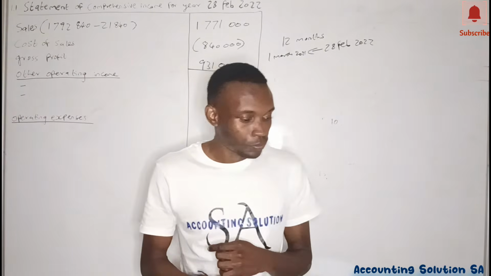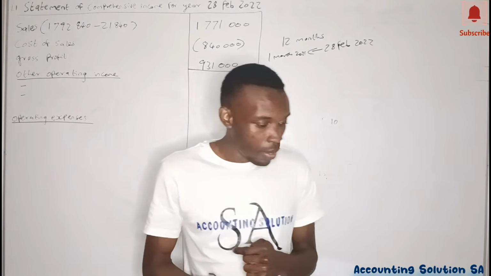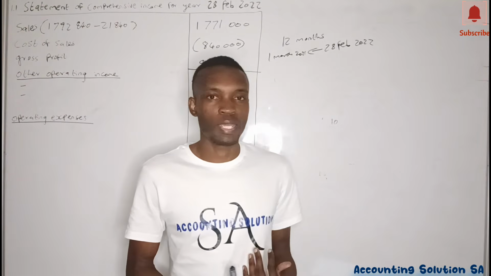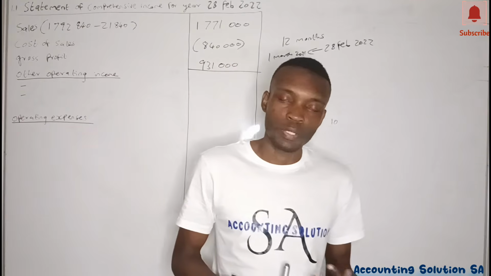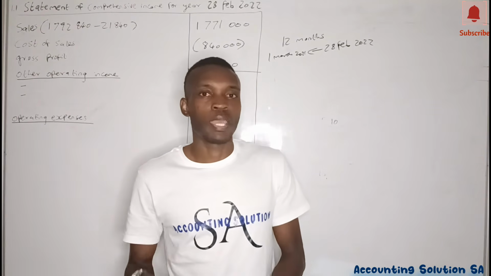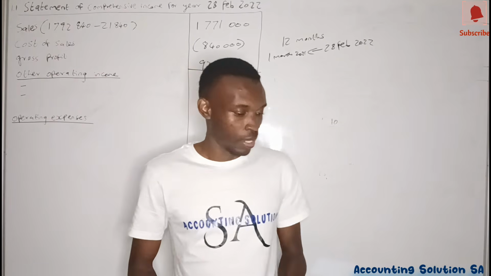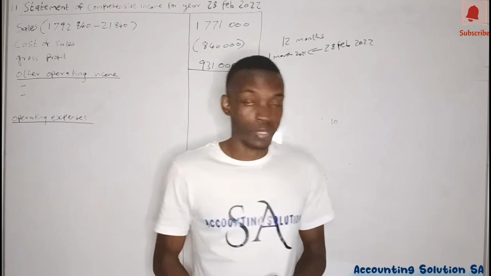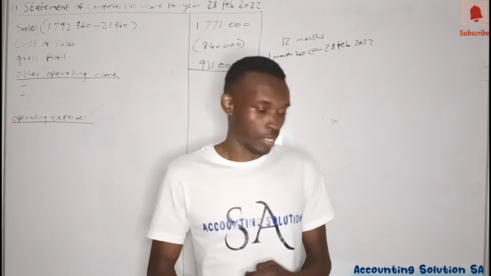The amounts on the debit side, normally they are expenses. On the credit side, normally they are income. Now let's focus on the right side, which is income on the credit side.